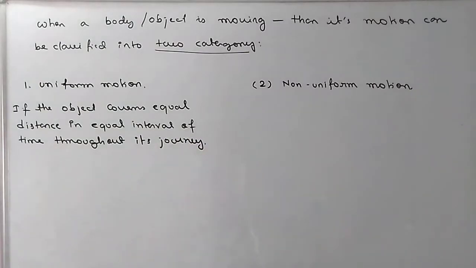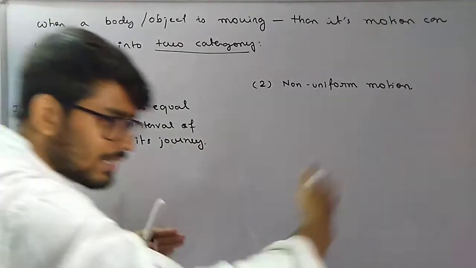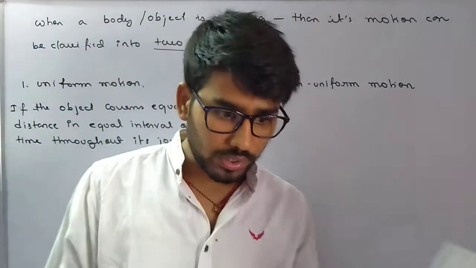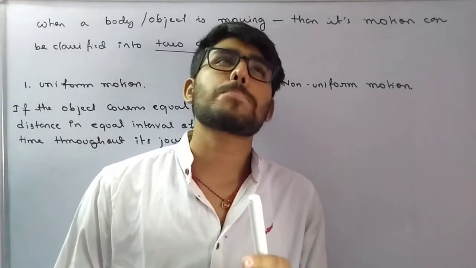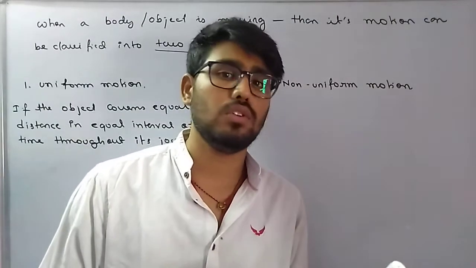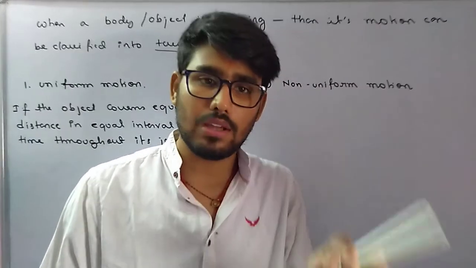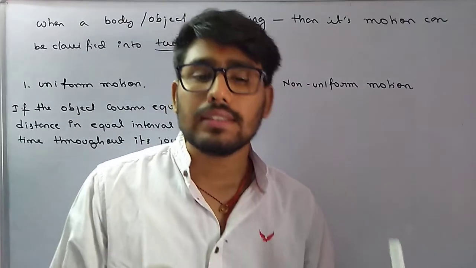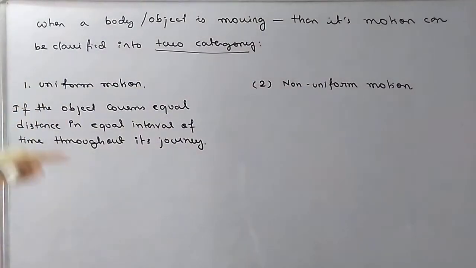For example, the body covers 1 meter every 2 seconds, 1 meter every 2 seconds, 1 meter every 2 seconds. Then we say the body is in uniform motion.